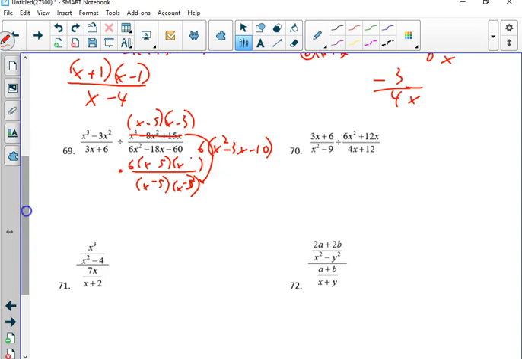Well, that's 5 and 2. And I want more negatives, so it looks like that. Here, I want to pull out an x squared and get x plus 3. Sorry, x minus 3.